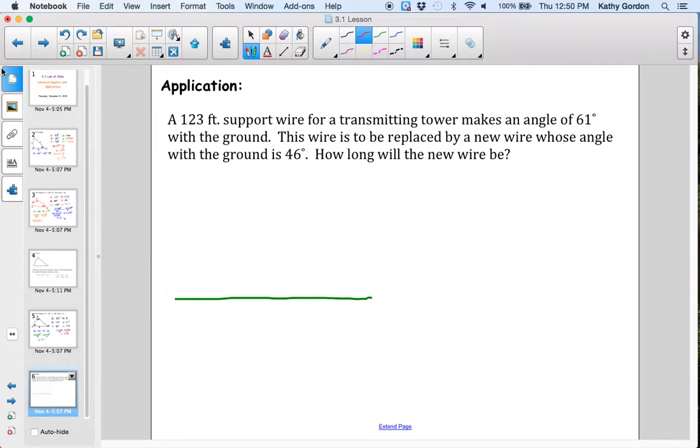So probably what's going to be the case between my tower and the ground?